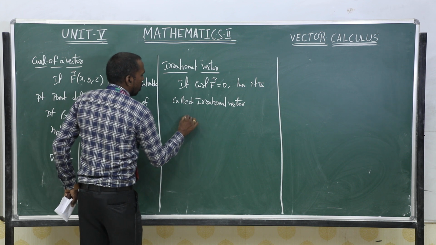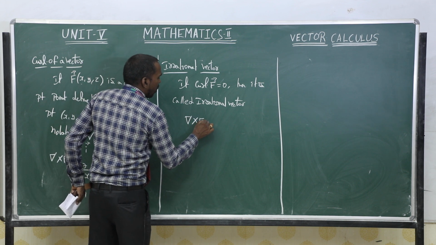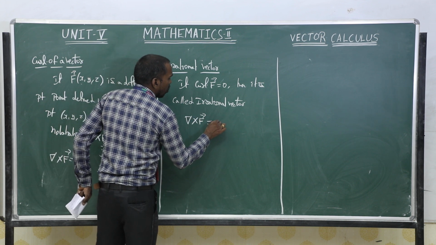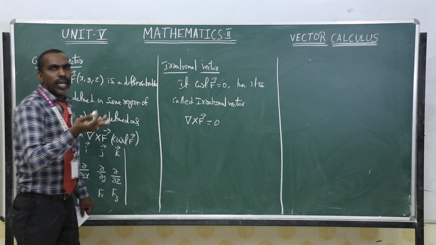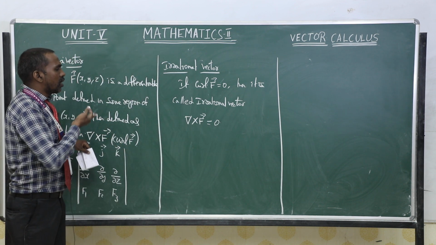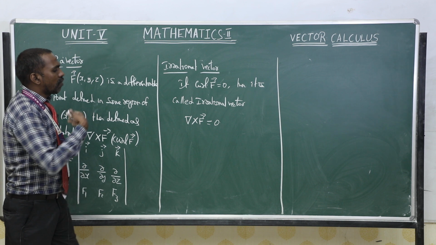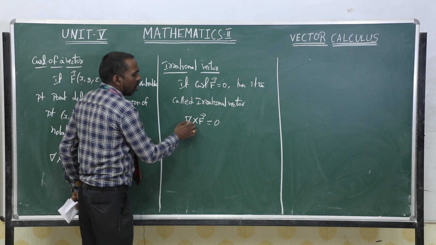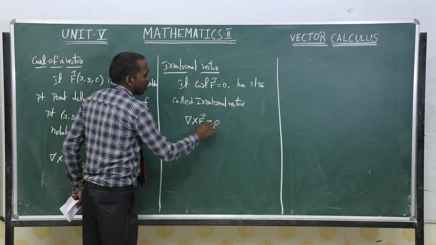Simply it is denoted by del cross F vector equal to 0. If we find the determinant and the value del cross F vector is 0, then automatically F vector is an irrotational vector.